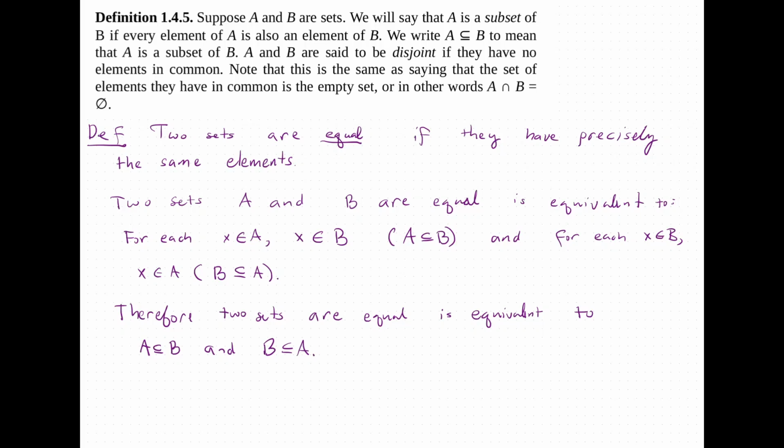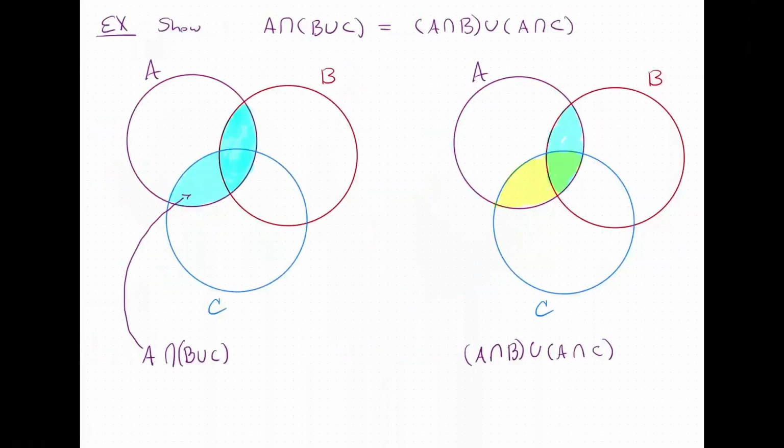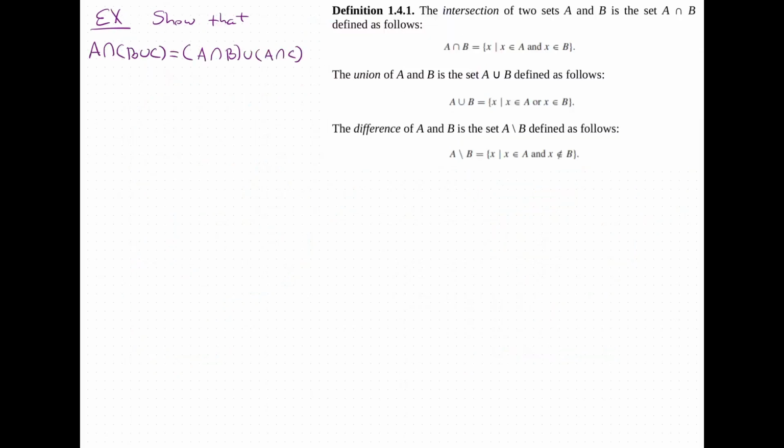And so now we have this notion of subsets. And with this, we can now come back to our statement about A intersect B union C equals A intersect B union A intersect C. So what we're about to do now is an example of what is known as an element chase proof.